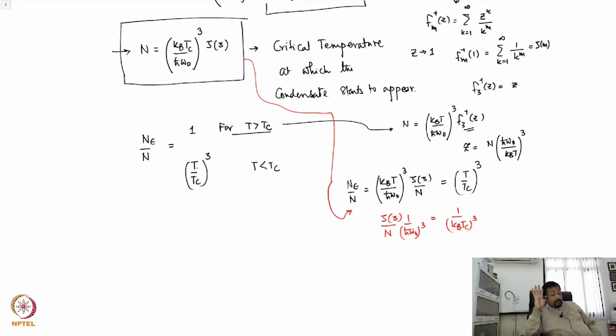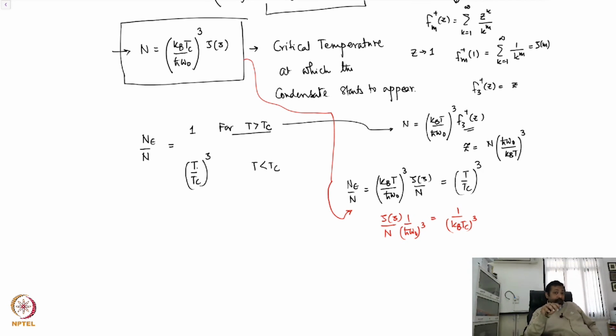Then we said that the total energy was volume times Km raised to the power D times kBT, because each of these particles carries thermal energy kBT. But this Km raised to the power D follows from the density of states.